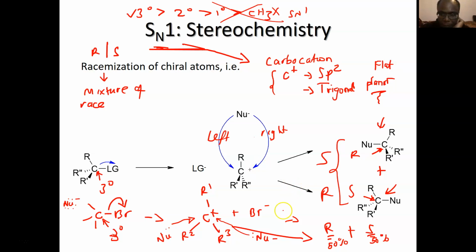The labeling here, prime and prime prime, just means R, R prime prime, and R prime are different. That's what makes these carbon centers stereogenic centers or chiral centers, and therefore you have equal amount of R and S. Because the carbocation is flat, you have equal chance attacking from the left or right or from bottom or top. Okay?